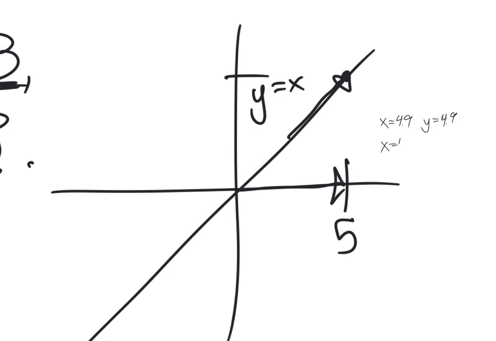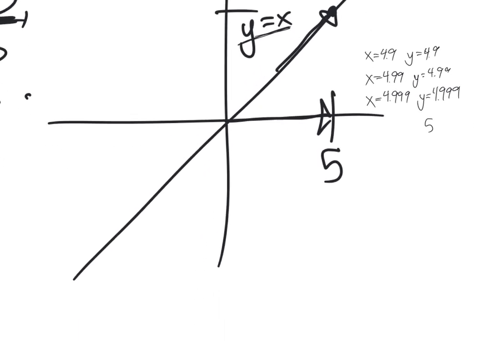When x is 4.99, y is 4.99, because our equation again is y equals x. So as I get closer and closer to 5 on my x, what does my function, or y, get closer and closer to? Well, that also gets closer to 5.